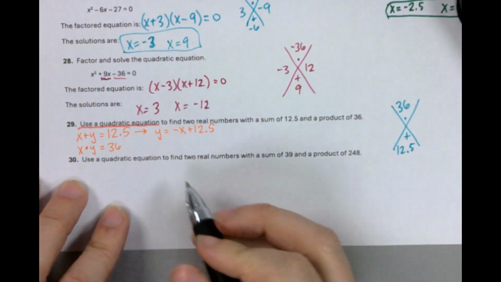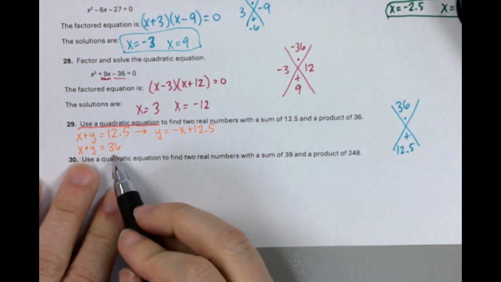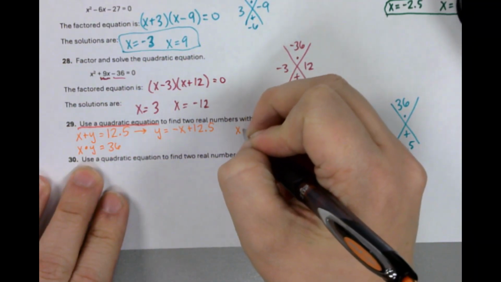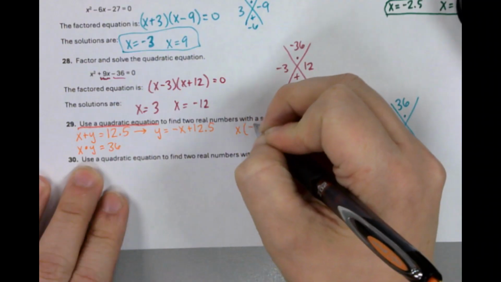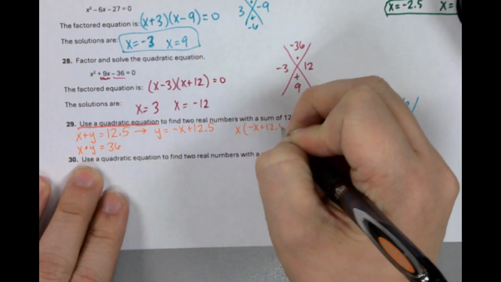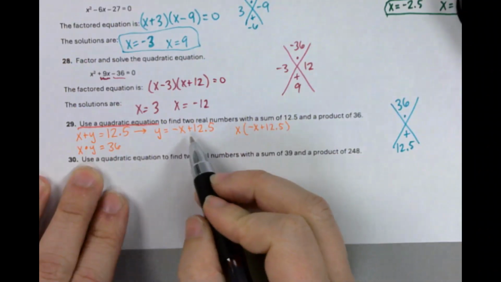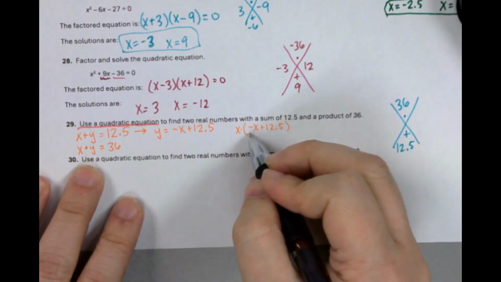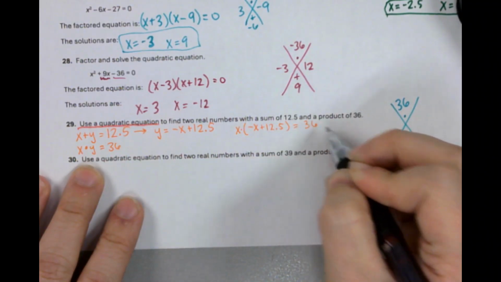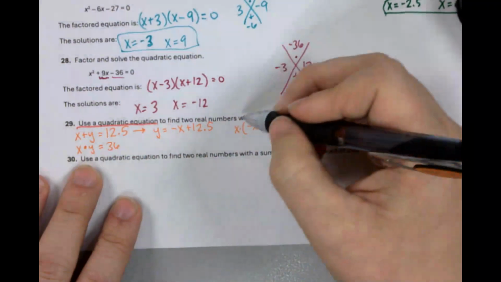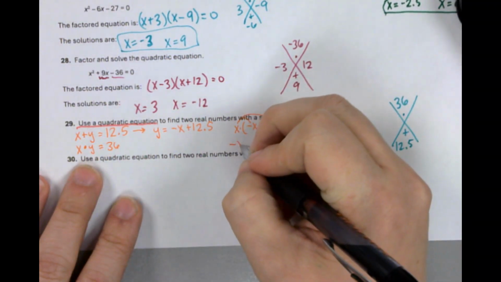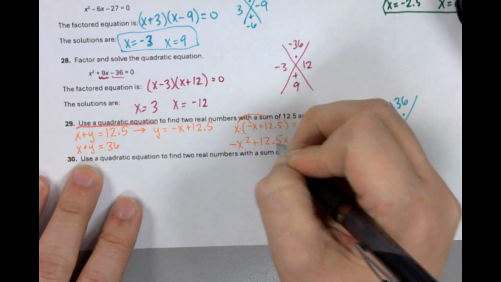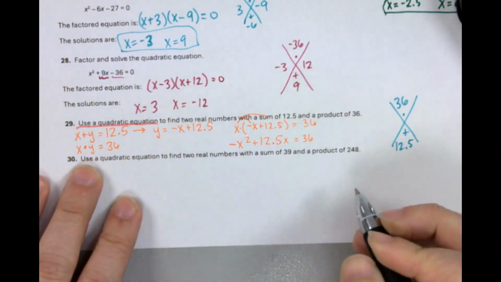That allows me to rewrite this equation. So instead of x times y, it's going to be x times negative x plus 12.5, since y equals negative x plus 12.5. Here's my x times y equals 36. I distribute my x. I have negative x squared plus 12.5x equals 36.